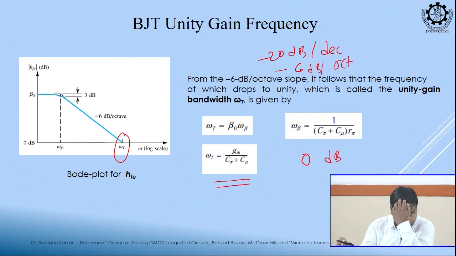What is the meaning of octave? Twice the frequency, not 8. Octave means the frequency is doubled and the gain falls by 6 dB. Decade means if my frequency increases by 10 times, the gain will fall by 20 dB. Octave means if my frequency increases by twice, my gain will fall by 6 dB. They are equivalent, the same thing, the same slope.